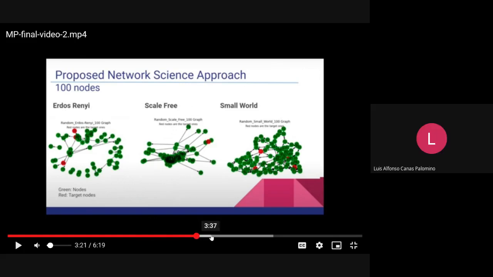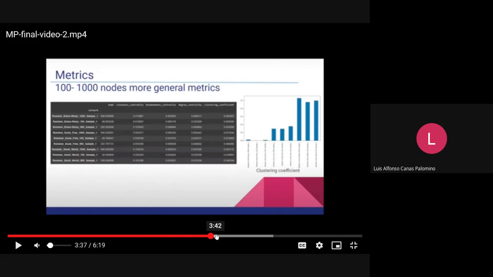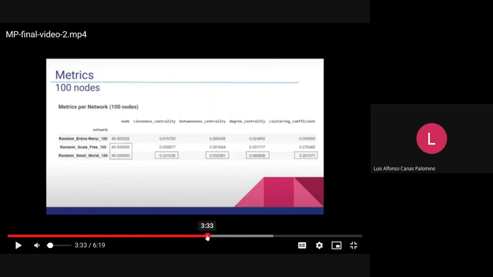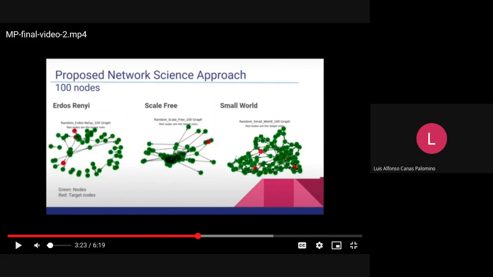Yeah, here we can see the different network architectures that we work with, and in the next slide, in red we have target nodes, and the rest are the other nodes, and we want to reach those red nodes with some of the input nodes that are within a certain distance to the targets.